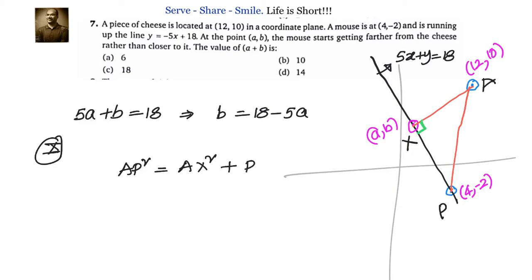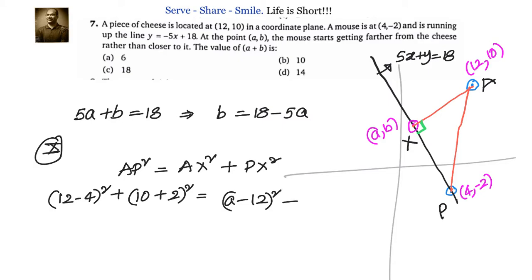AP² = AX² + PX². Using the distance between two points formula, AP² is (12 - 4)² + (10 + 2)², where 10 minus of minus 2 is 10 + 2, equals AX², that is (a - 12)² + (b - 10)², plus PX², that is (a - 4)² + (b + 2)².